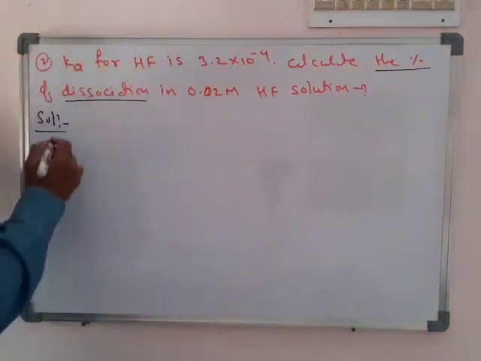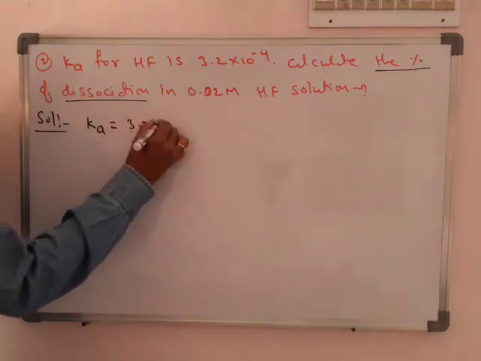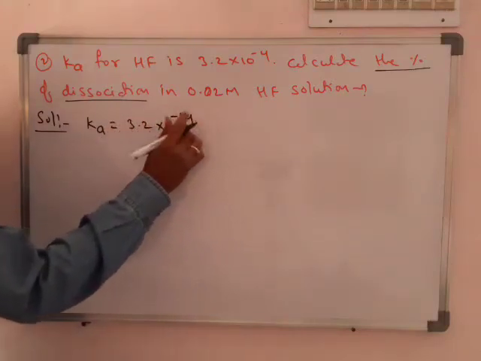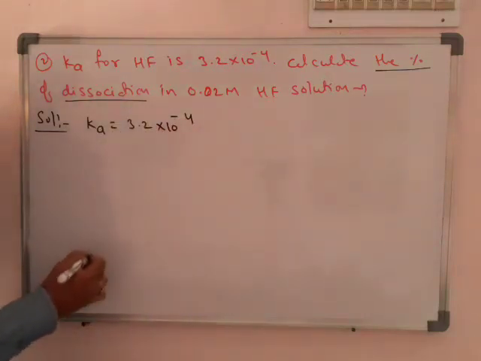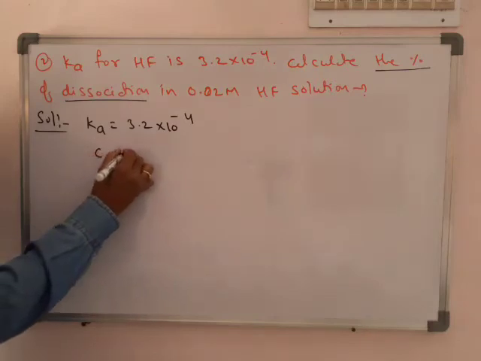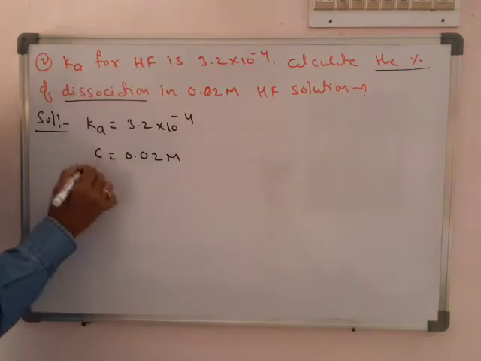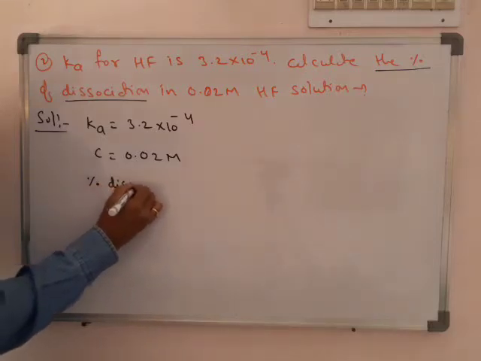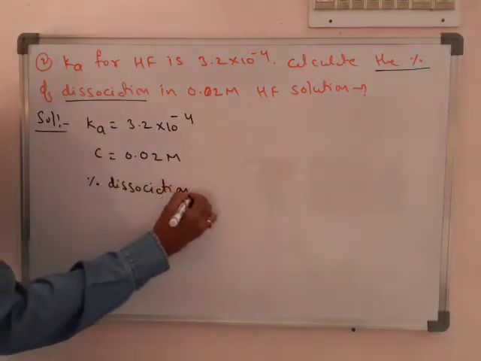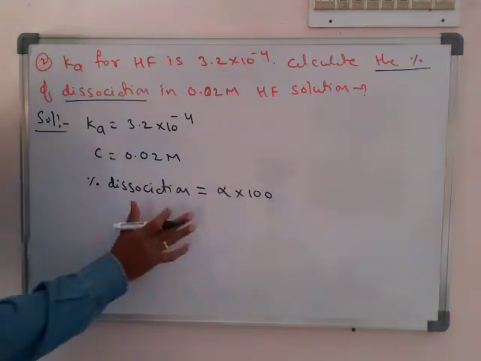Okay, so Ka is given. With the help of the given details, we have to select the formula. It is given 10 power minus 4. Ka is a constant, has no units. And the concentration of HF is given, 0.02 M. We have to find the percentage dissociation, which is alpha into 100.